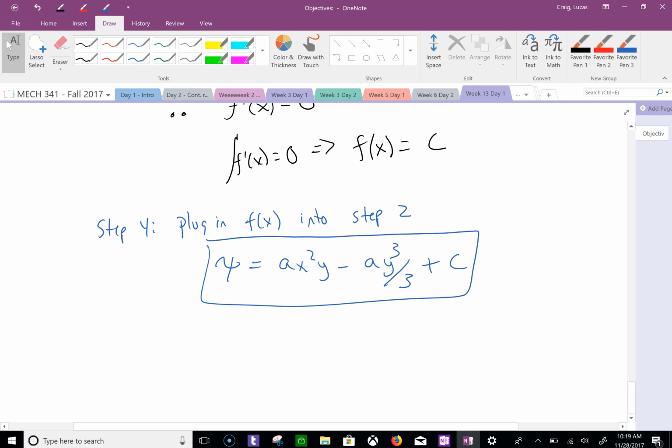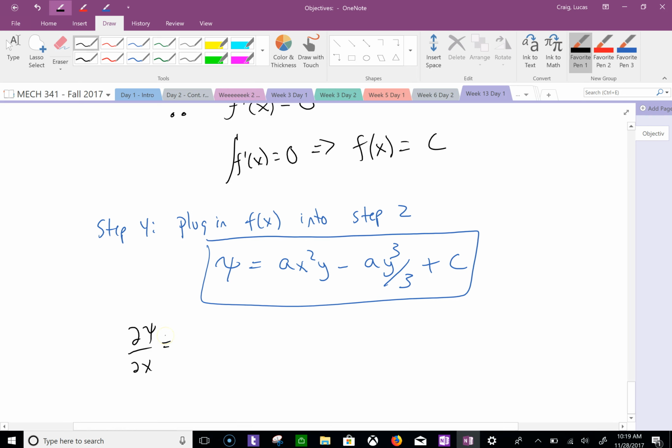You don't get that plus c. Take the derivative of that, and there would be 0 for c. That's a good question, though. How would you check the c? You just take the partials of psi with x, and you should get back to those original equations that we had before.